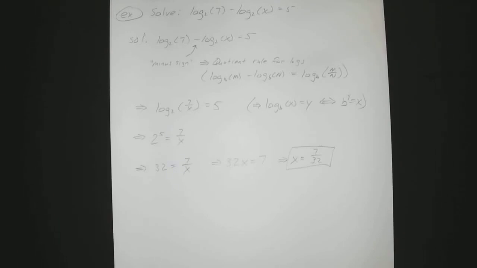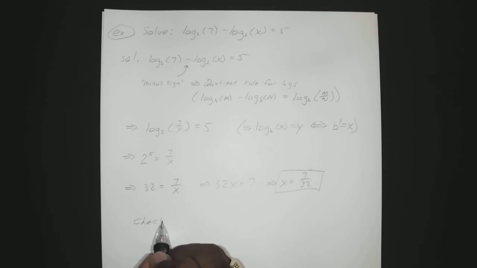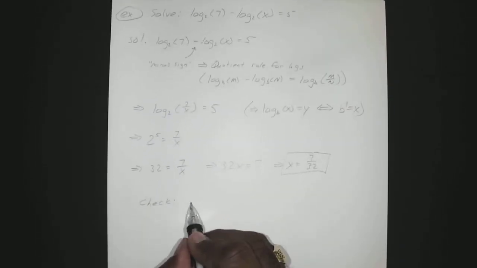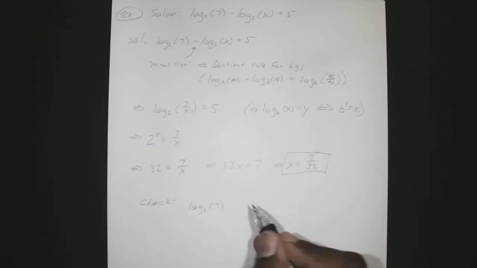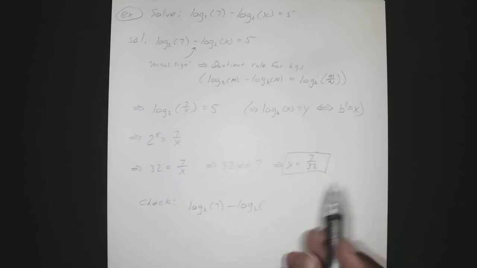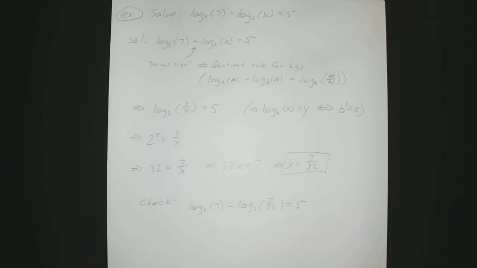And again, we just plug in to make sure we don't have any negatives lying anywhere. So if we check it, you have log base 2 of 7 minus log base 2 of 7 over 32 equals 5.